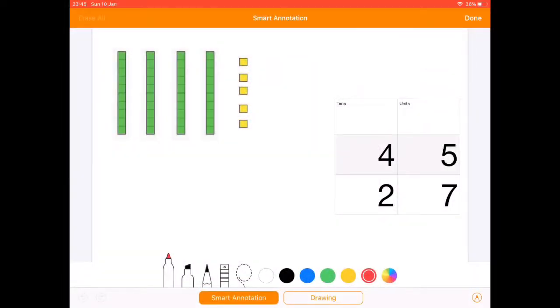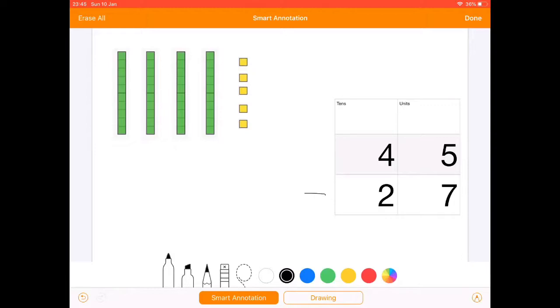So looking here at our calculation, as I said, our success criteria is a 2-digit number, take away a 2-digit number. So our question, you can see in the little table there, is 45 taking away 27. So 45 take away 27. I've illustrated that using my Dean's blocks at the side here.